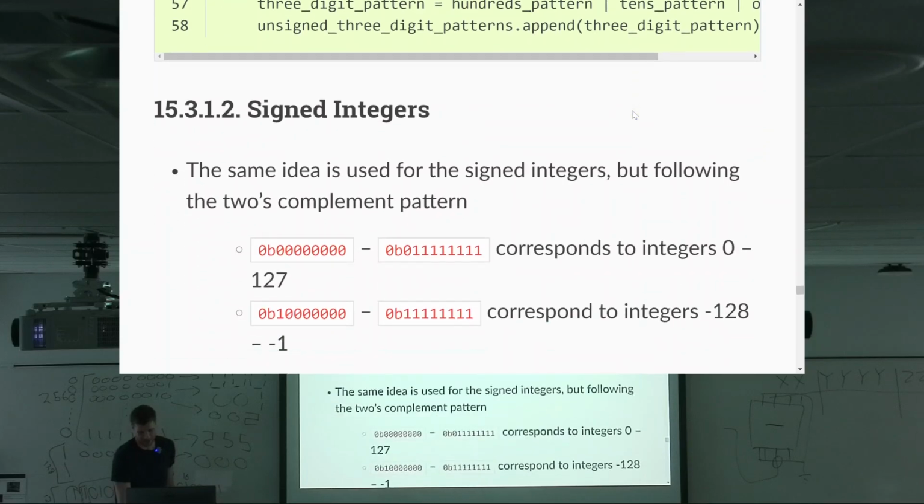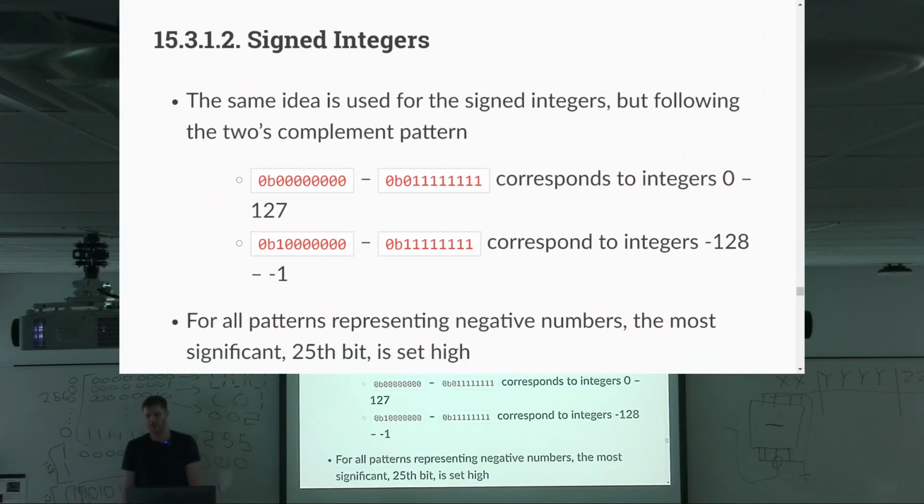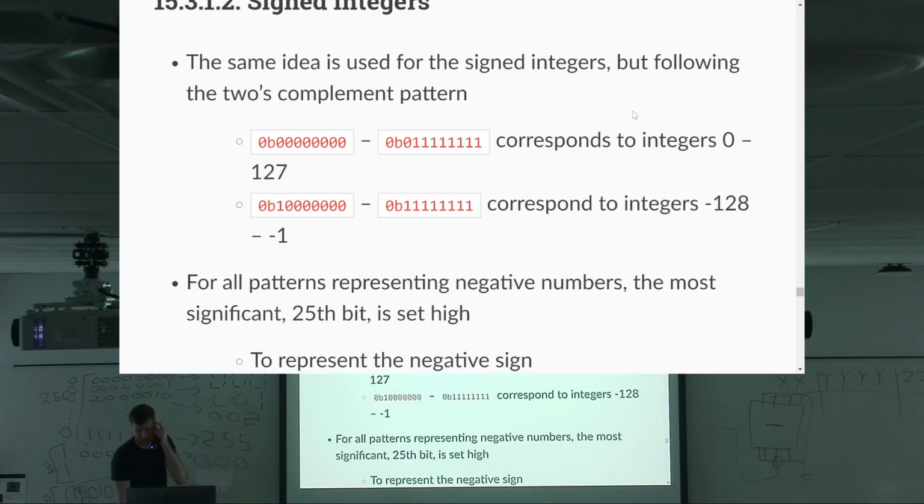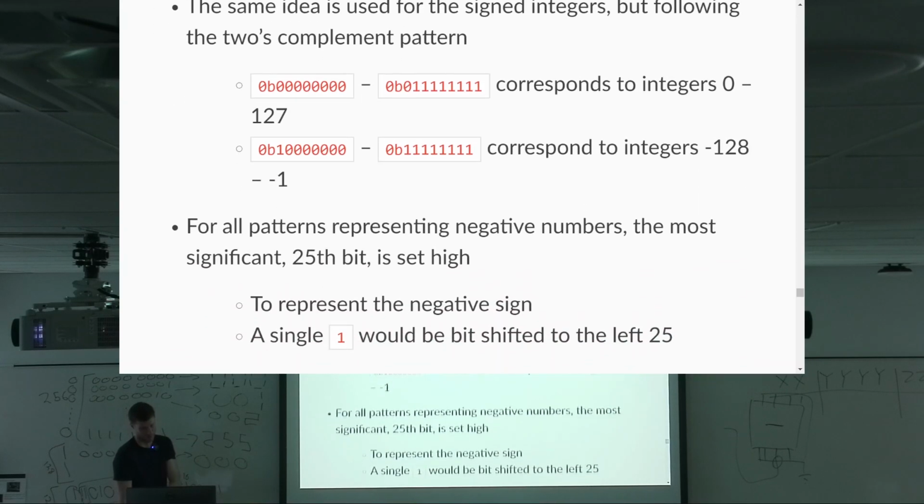So for signed integers, we're going to do the same idea, but we have to keep in mind 2's complement, right? So we've got the first 256 and the next 256, which really is a group of 128 followed by another group of 128. The 128 positive numbers followed by 128 negative numbers, right? So the same idea is used for the signed integers, but follows the 2's complement pattern, okay?